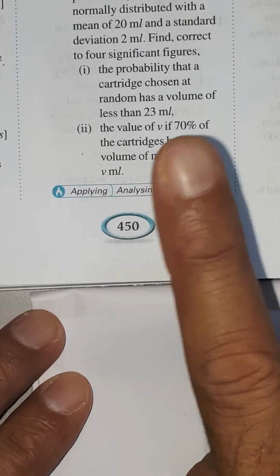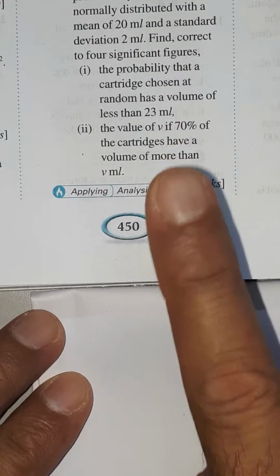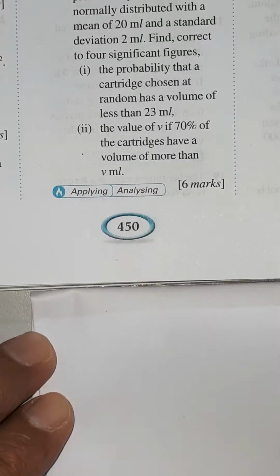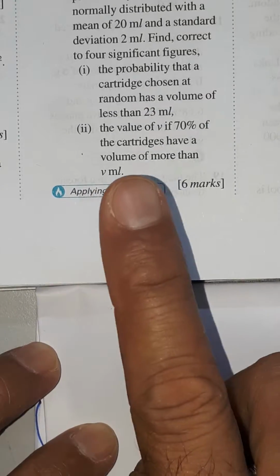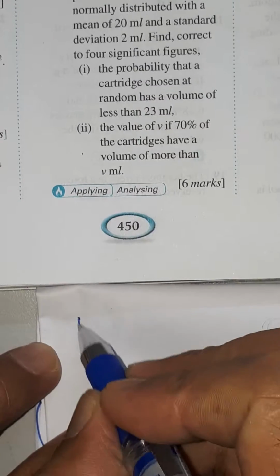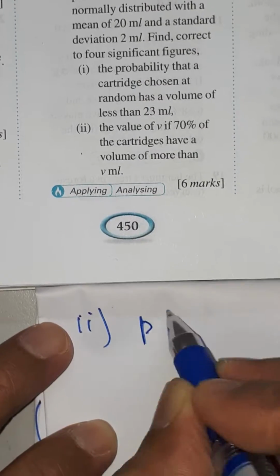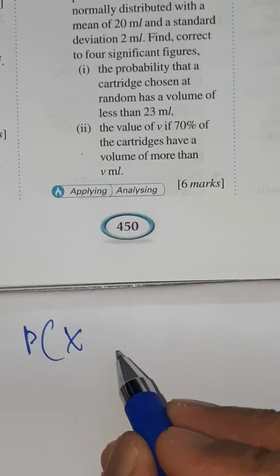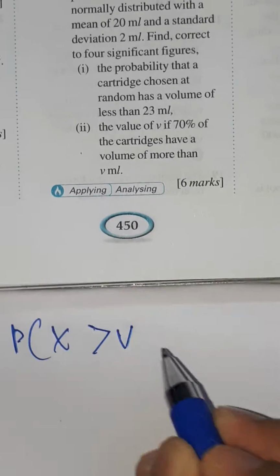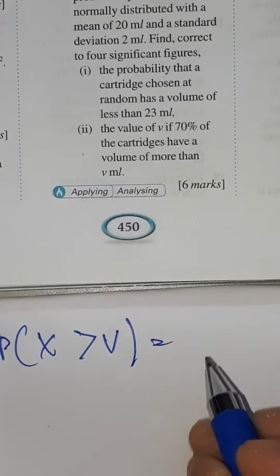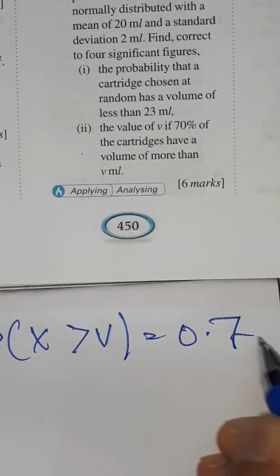So we do not know the volume now. Because it is more than V, for B2 we say P(X more than V) equals 70%, which is 0.7.